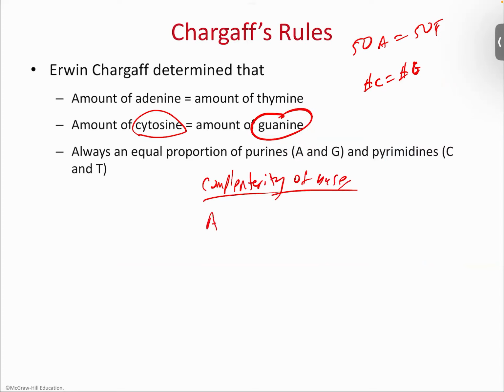What he noticed was that A's tend to associate with T's using 2 hydrogen bonds, and C's will associate with G's using 3 hydrogen bonds. Why? Because of what we just sketched out.